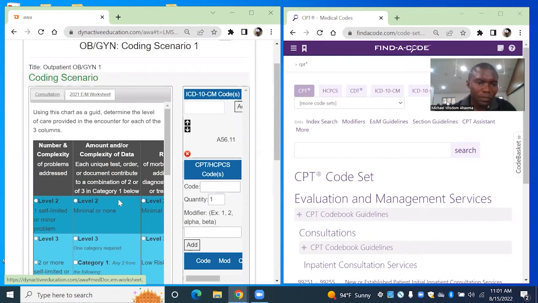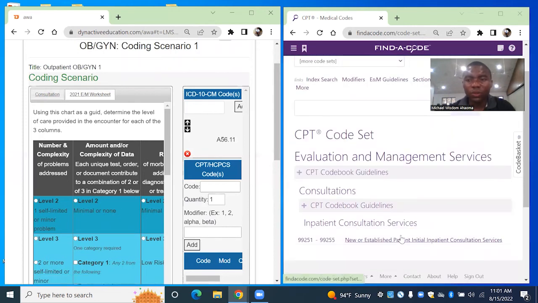Remember that this patient went to the outpatient hospital, but at the same time was admitted. So this consultation has made it clear that the patient was consulting from a place where she was admitted.